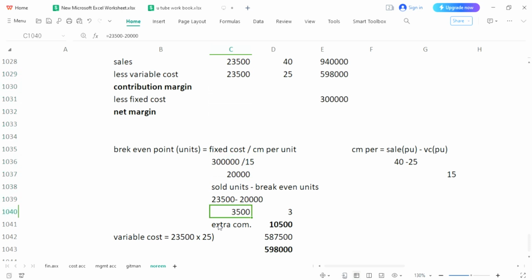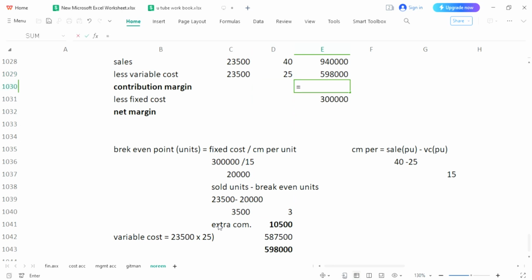How many units are more than 20,000? That is 3,500. For each shirt, you will get $3 as commission. Collectively, 10,500 is the commission, which is extra variable cost. To the original variable cost of 587,500, you will add 10,500. In this way, you will get your variable cost of 598,000.